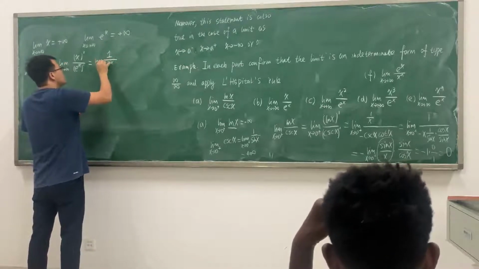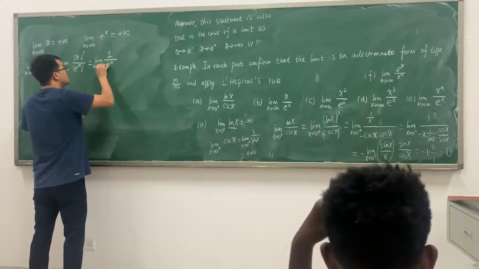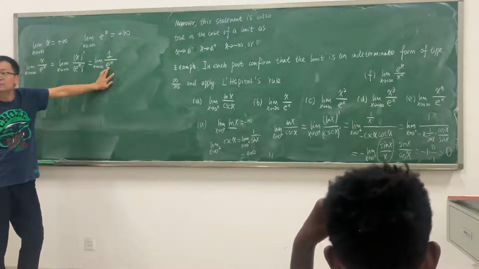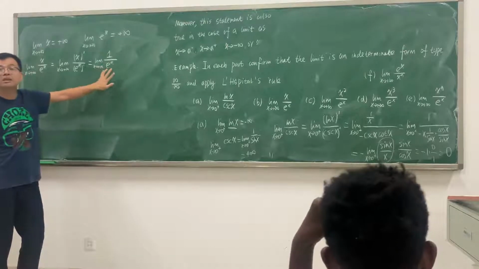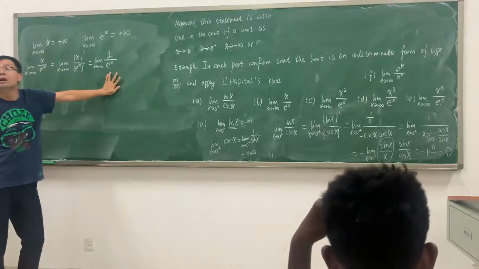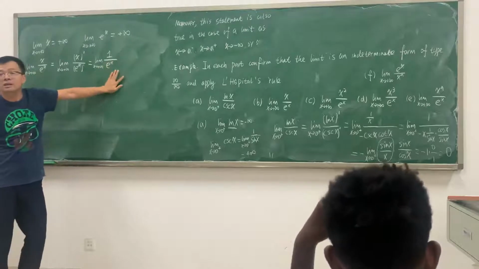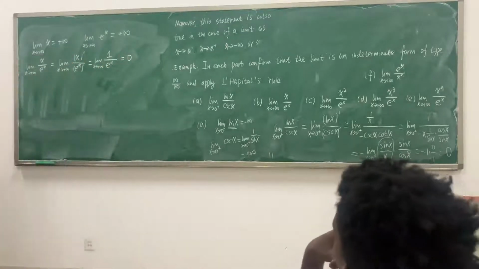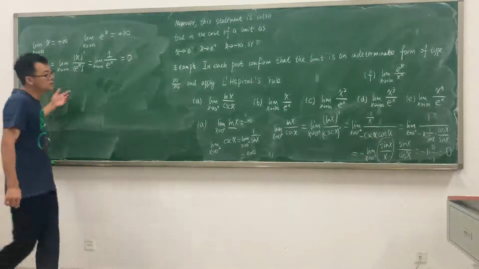So the limit as x approaches plus infinity of 1 divided by e^x. E^x approaches infinity, and 1 by infinity is 0. So here it is 0. This is number B.